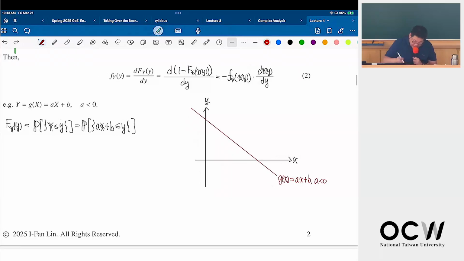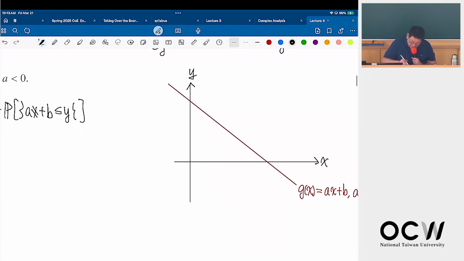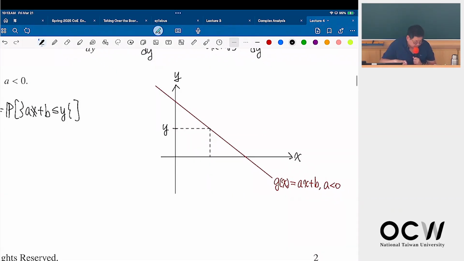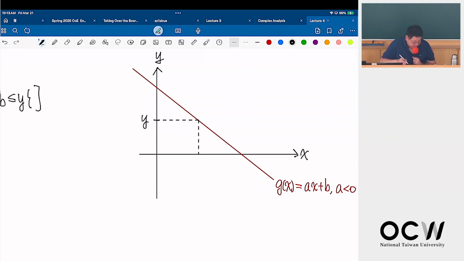And I have a point, some point y, suppose here. And the corresponding x is y minus b over a.